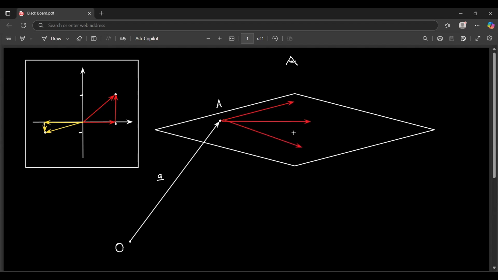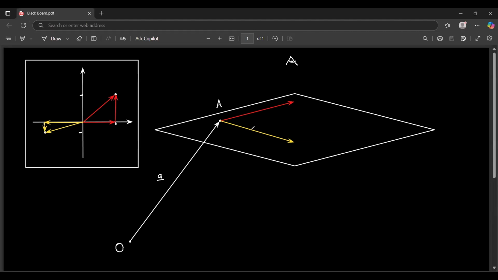The direction doesn't matter. Any direction vector. And then you need another direction vector parallel to the plane, but not parallel to the first direction vector. So these two direction vectors will help you to move to a specific point.